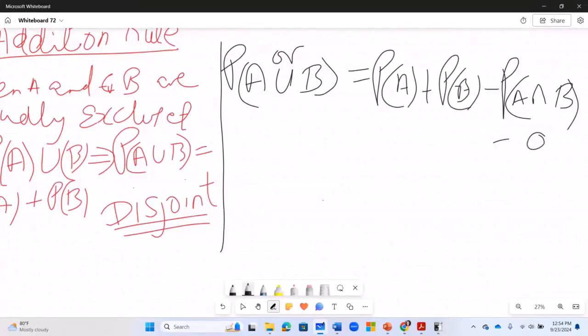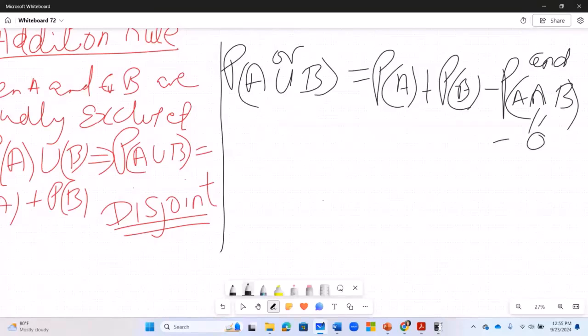The intersection in mutually exclusive events is 0 because they don't intersect. And by the way, "and" means intersection.